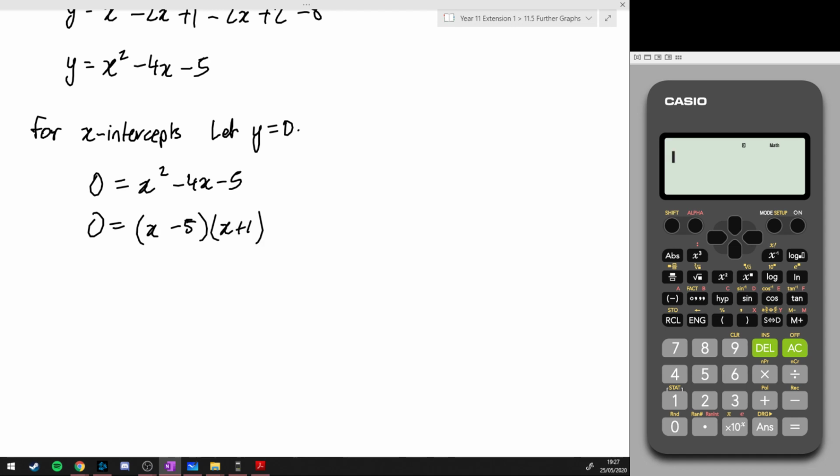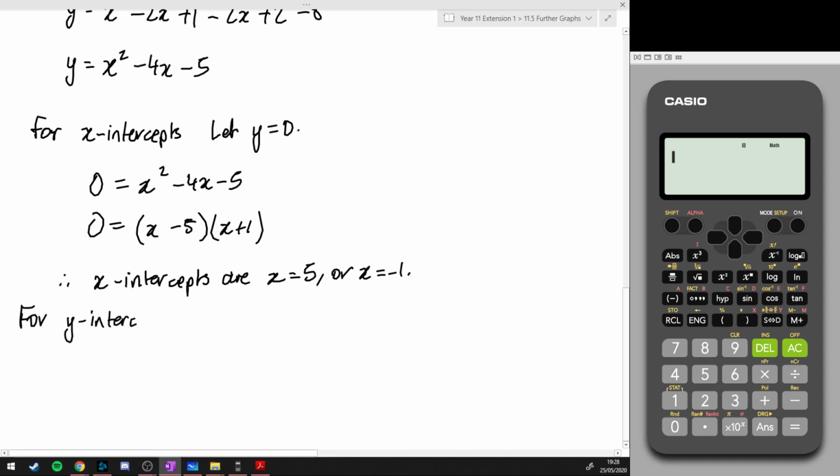So therefore the x-intercepts are x is equal to 5, because that's what makes it 0, or x is equal to -1.